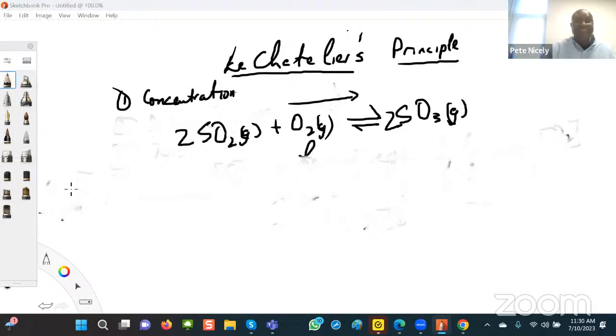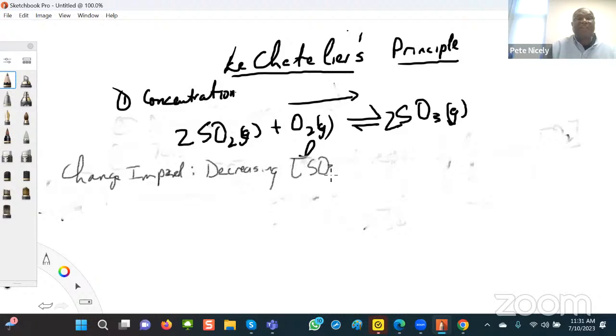So let's say that the change I'm imposing, change imposed, is that I am decreasing the concentration of SO3. Okay, so that's a change that I am imposing.